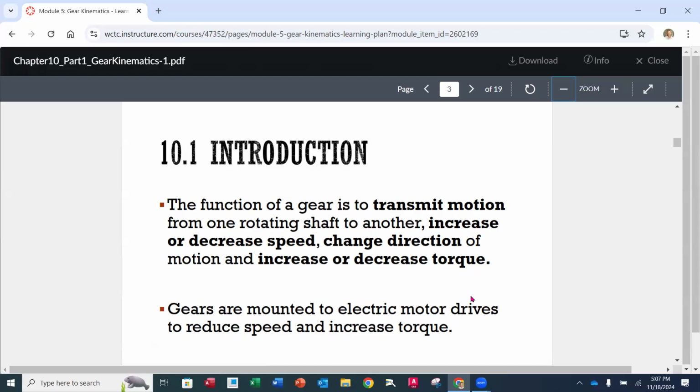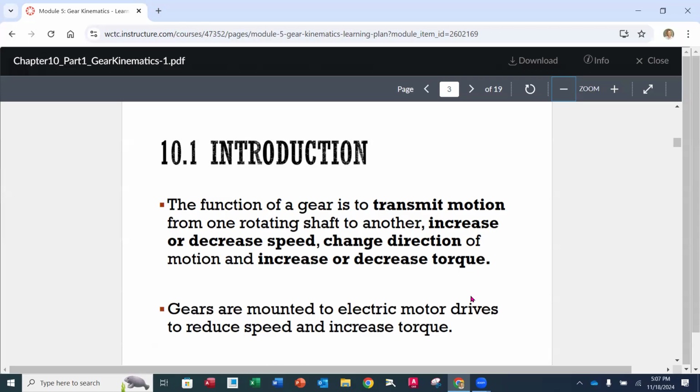Additionally, we sometimes use gears to simply change the direction of rotation, and to increase or decrease torque. Okay, now in kinematic analysis, we will not be dealing with torque. We'll talk a little bit about forces and torque just to set the background and understand some concepts, but we won't be calculating torques and forces. We're going to save that for design of machine elements.